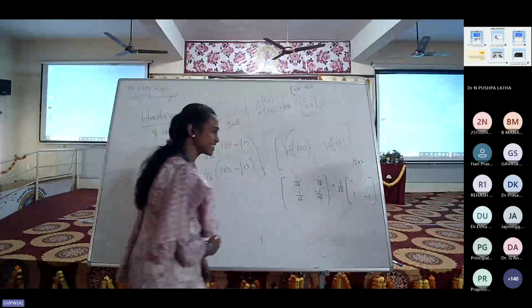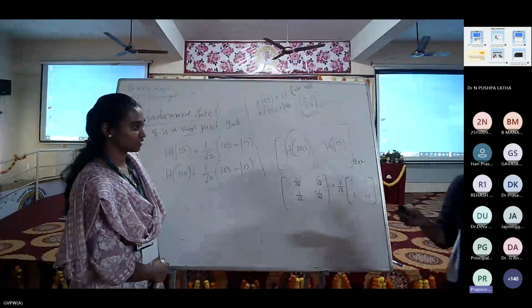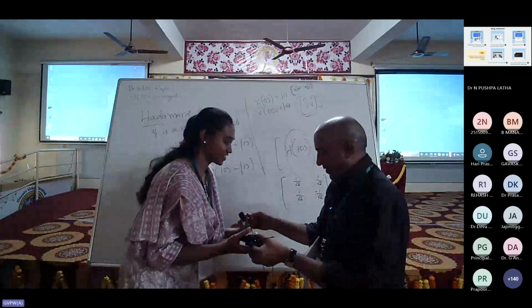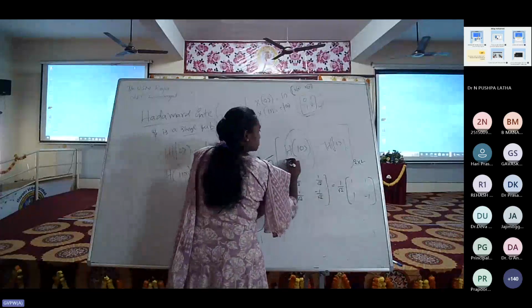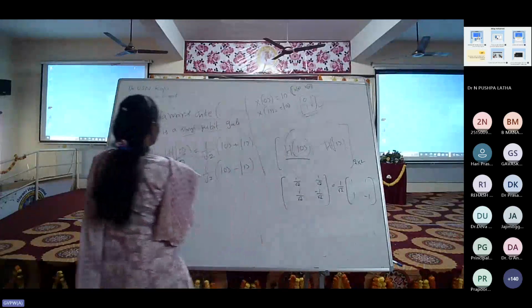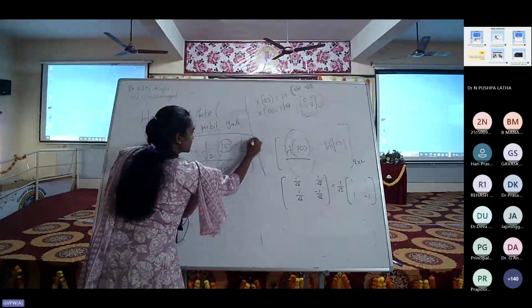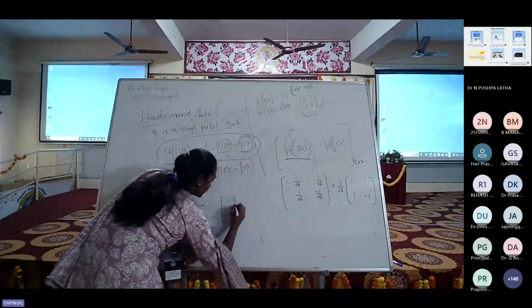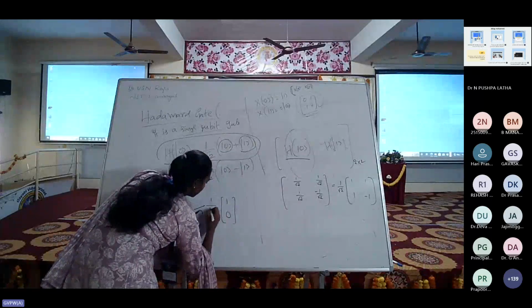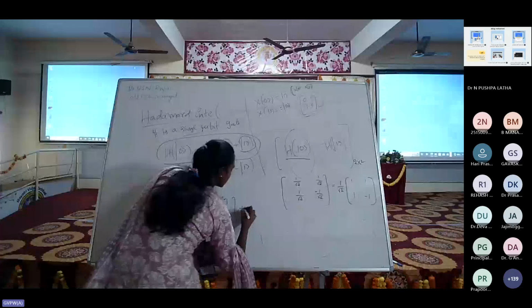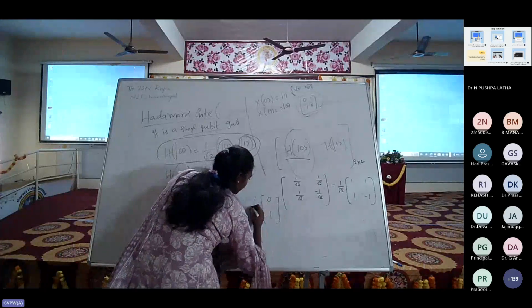You want a mic? I'll give the mic. Hold it and explain, no issue. I take this one equal to this, and we expand this and this. So ket 0, writing as column matrix 1, 0, plus ket 1 as column matrix 0, 1, times 1 by 2.